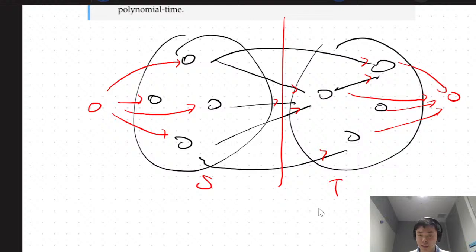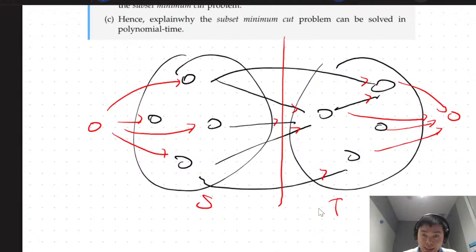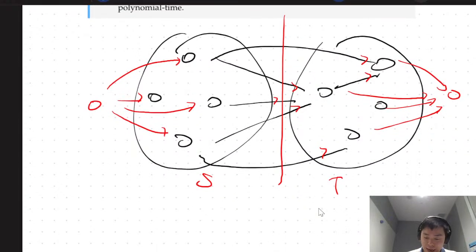Remember that in the minimum cut problem, we also have weights. So assuming that we have weights for our black edges, what capacity should I place for each of the new edges that I've created?